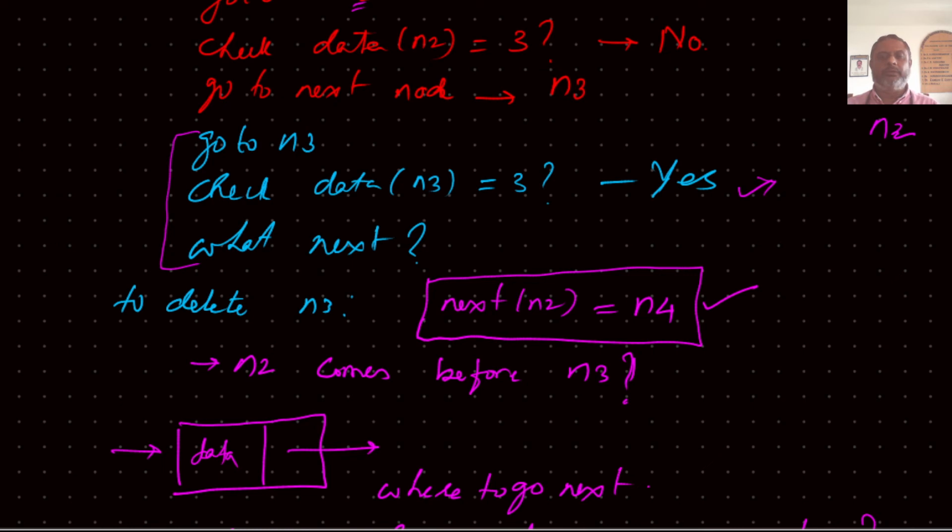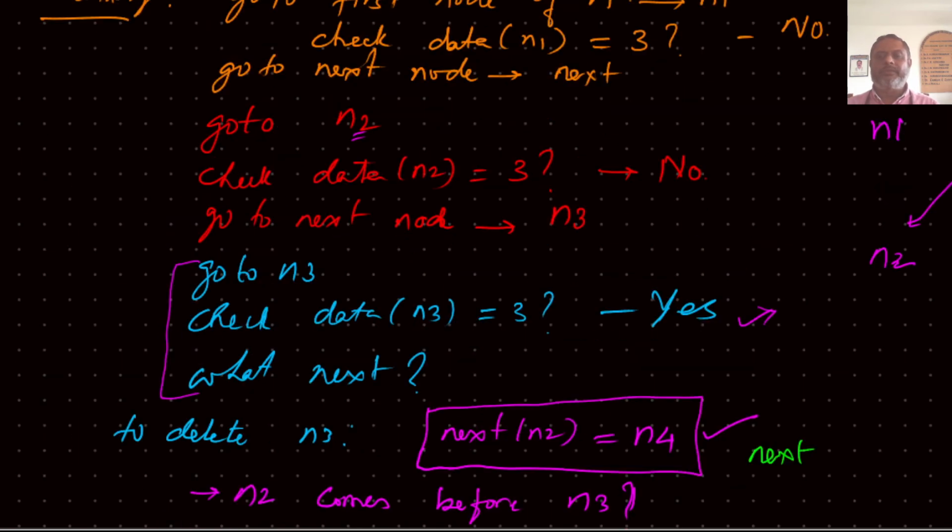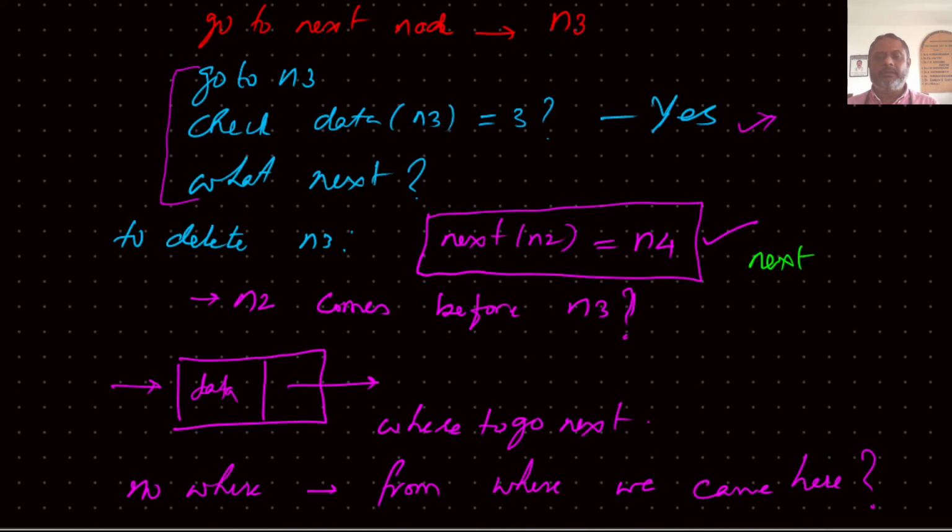And now you want to write that next of N2 should be N4. We can write this as next of previous, because N2 is saved in previous, should be N4. What is N4?